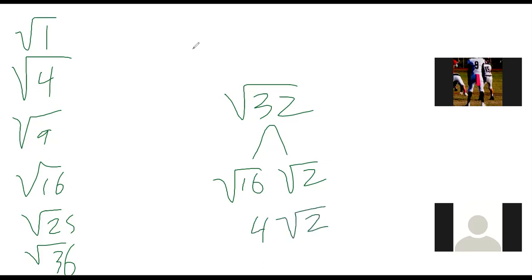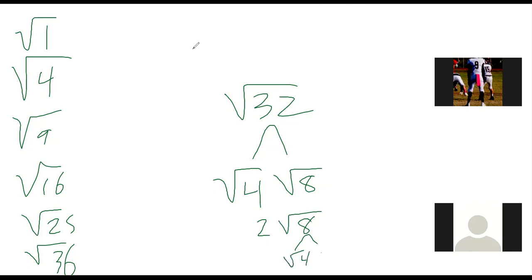And here's why. Let's say you guys were right when you said 4, but who divides by 4? That's 2 square root of 8. But then we can do it again with 8, right? What can we split 8 into? 4 and 2. So if we take the square root of that, that should be 2, and then 2 square root of 2.